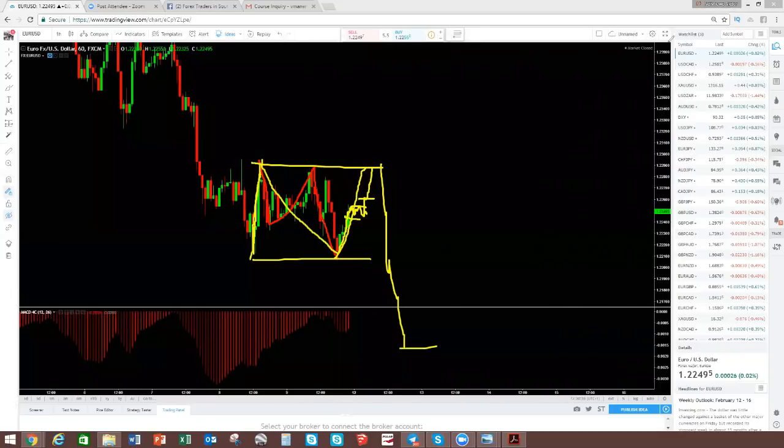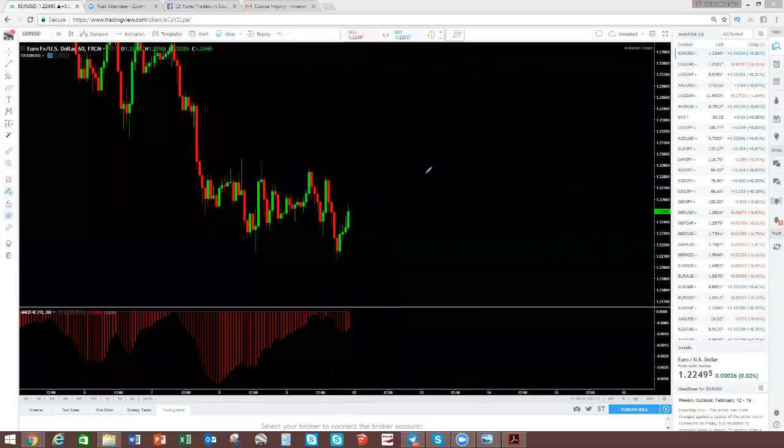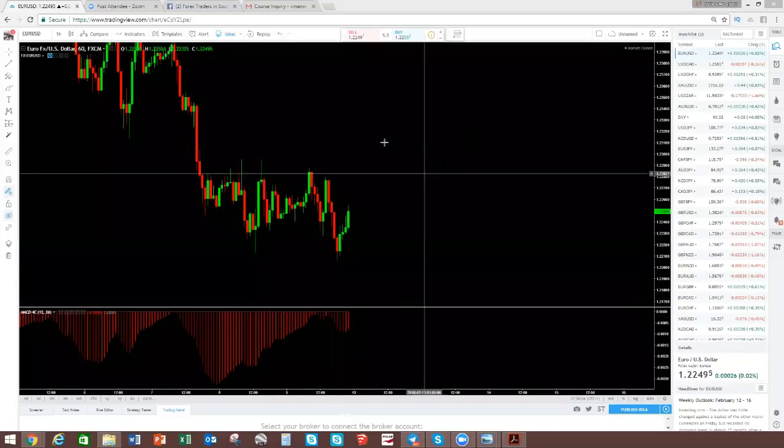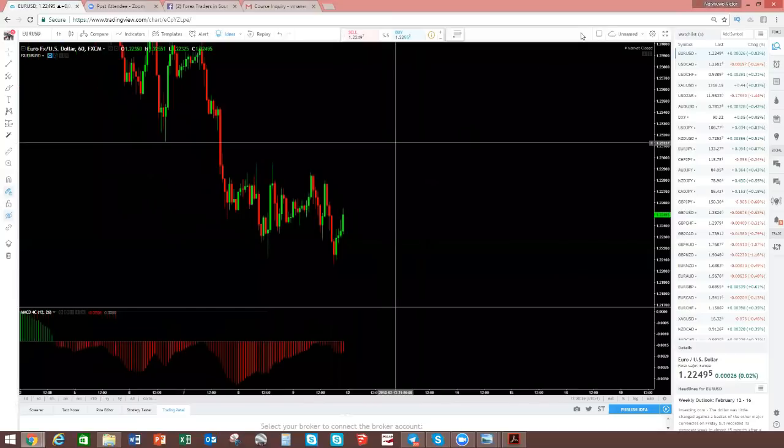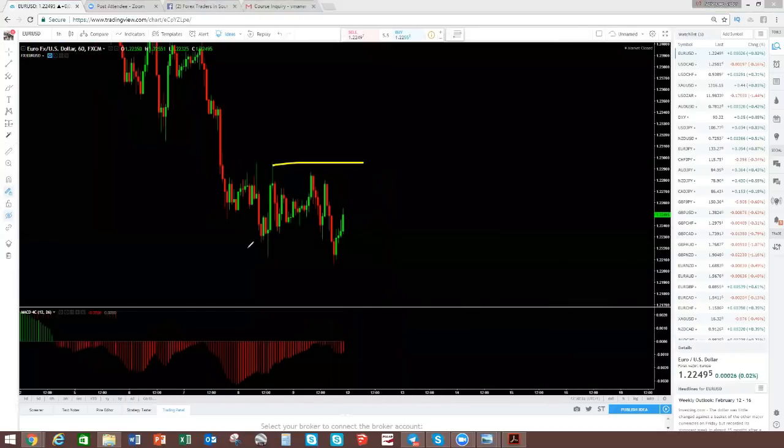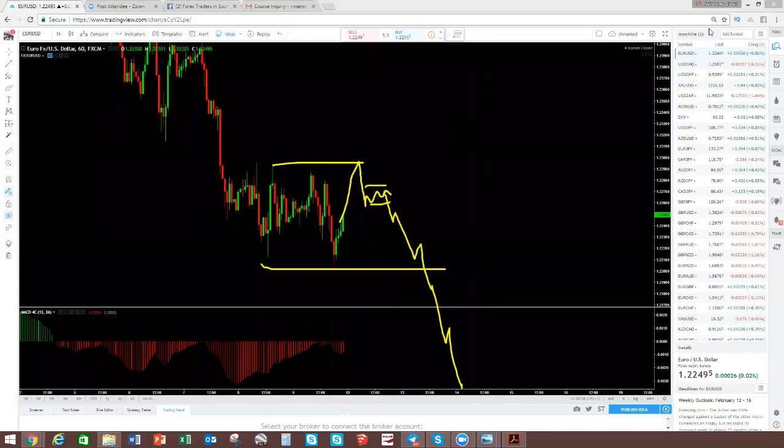Okay, all right, so it looks quite interesting. That's what you should look out for on Euro USD. Look out for this correction in the 1 hour. If it reverses and it does this, you're going all the way down.